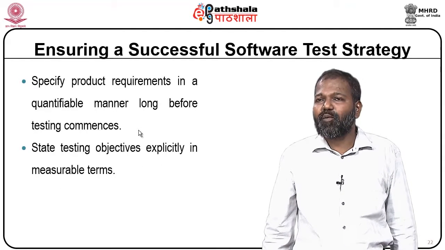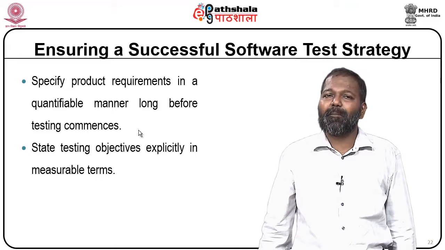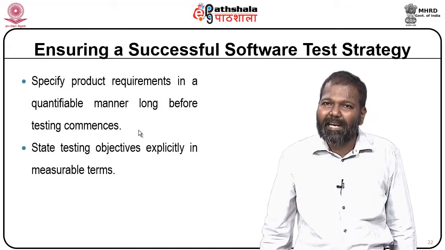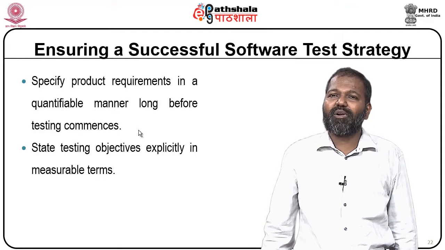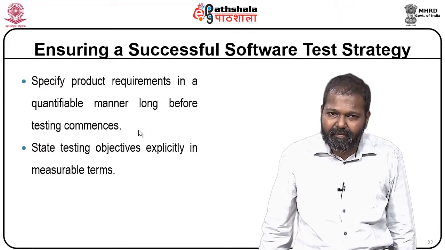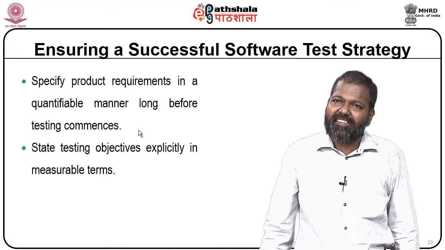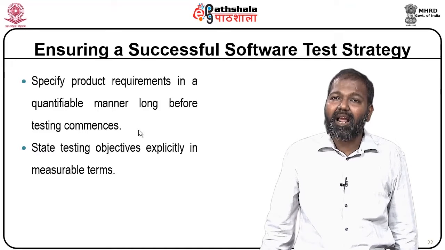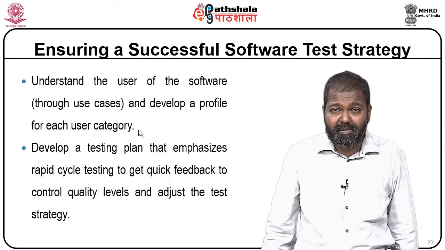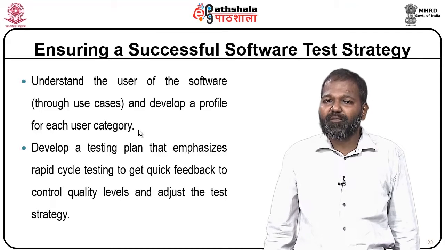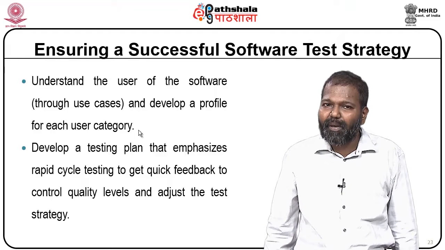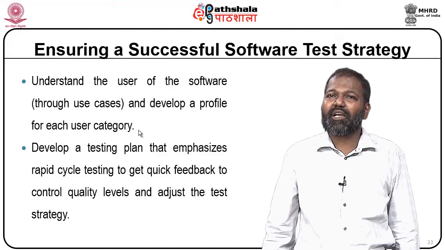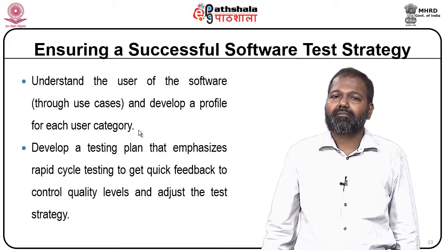Ensuring a successful software test strategy: specify product requirements in a quantifiable manner long before testing commences. State testing objectives explicitly in measurable terms. Understand the user of the software through use cases and develop a profile for each user category.